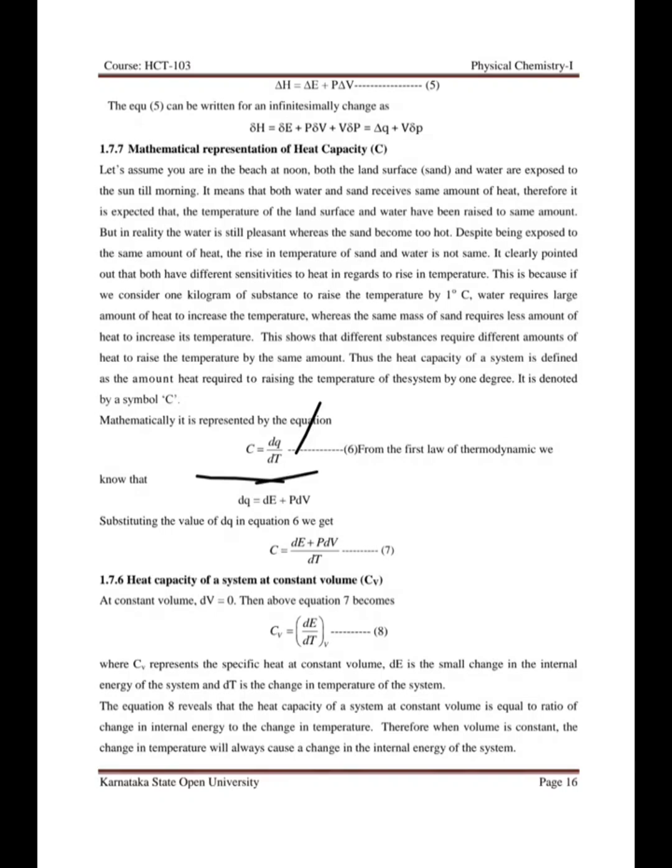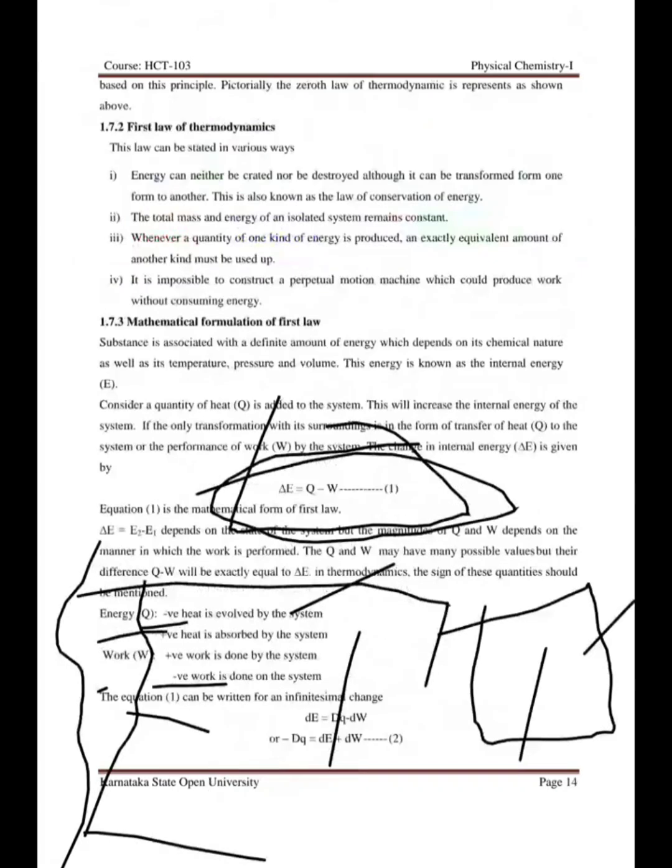It is from the first law of thermodynamics. In the previous lecture you studied the first law of thermodynamics, where the equation is delta E is equal to Q minus W.